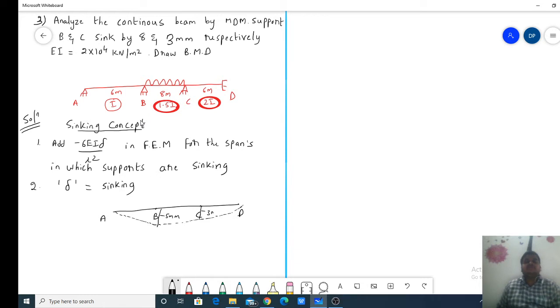Say this is B dash and this is C dash, the amount of sink.